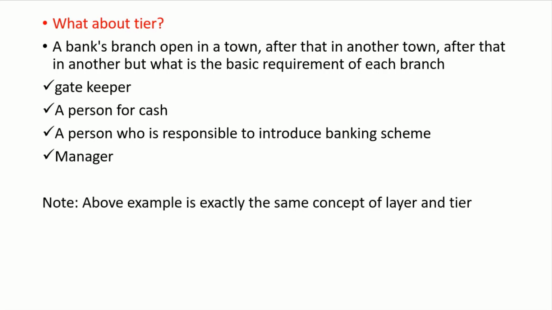So this is an example of tier, where each branch is one tier, and the people related to that bank are components of that bank. So the branch is a tier and its employees are layers.